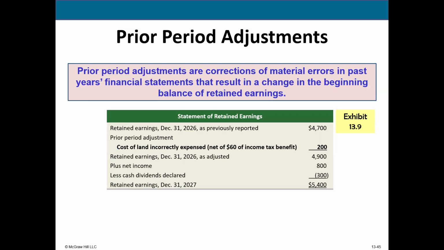And here we see an example of that. We have our retained earnings from the prior period, plus or minus the adjustment, equals the adjusted balance, plus the net income from the current period, minus any dividends paid, equals ending balance retained earnings.